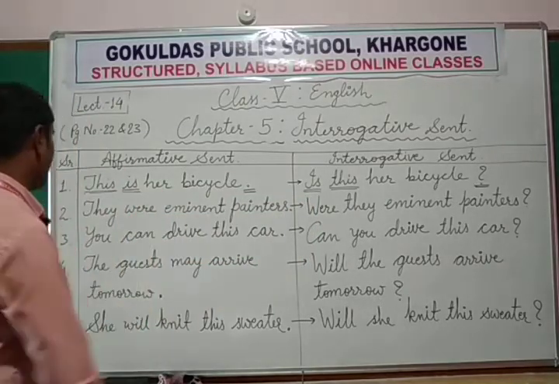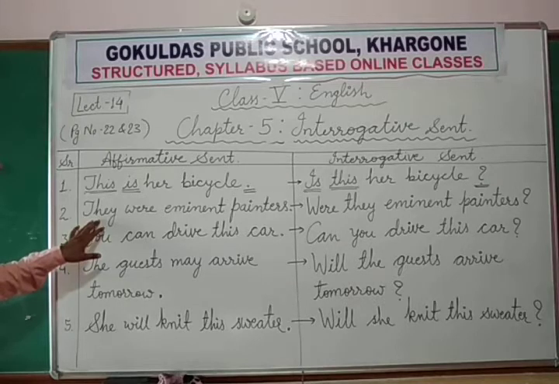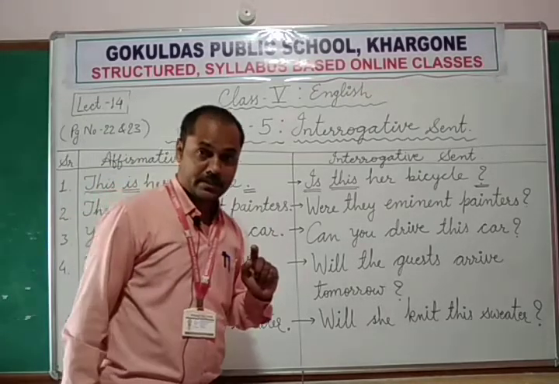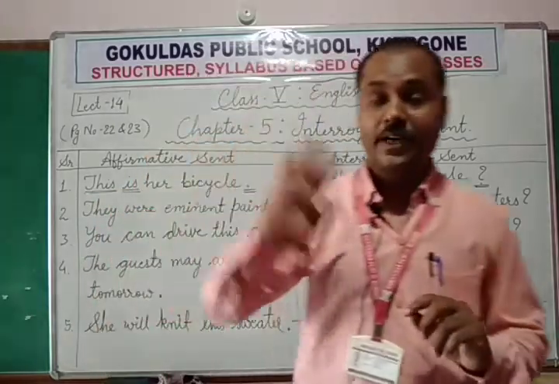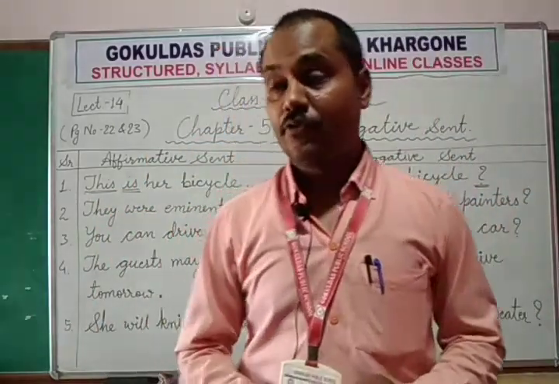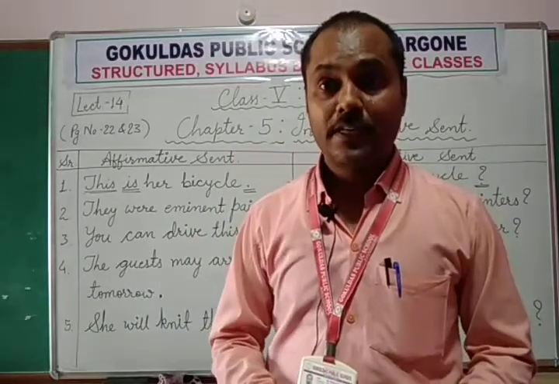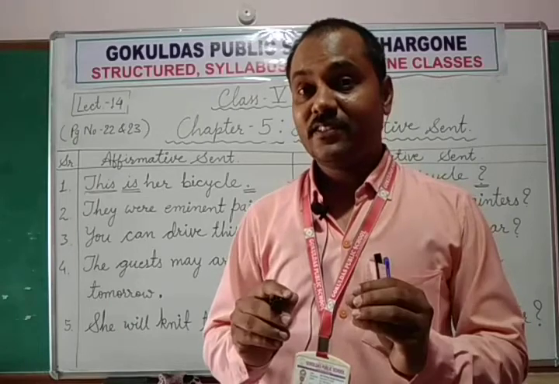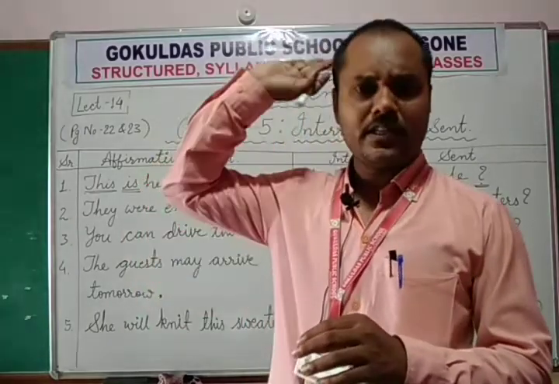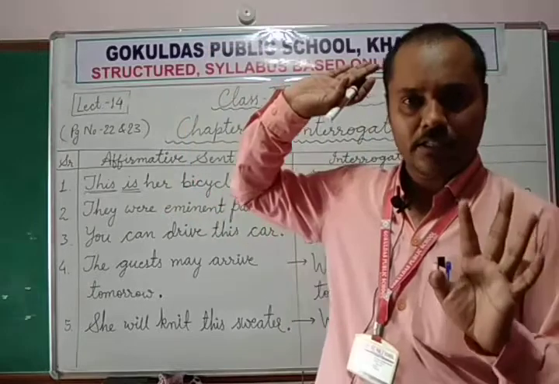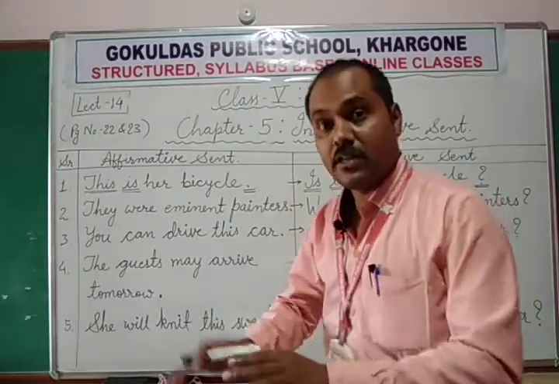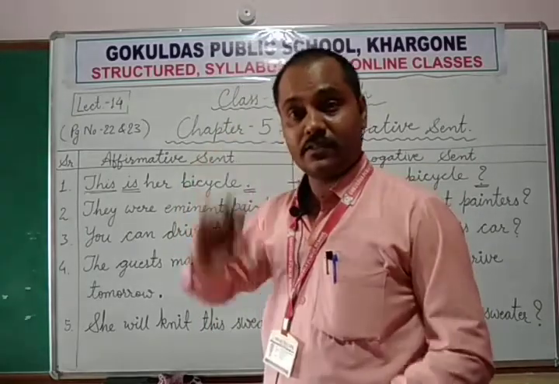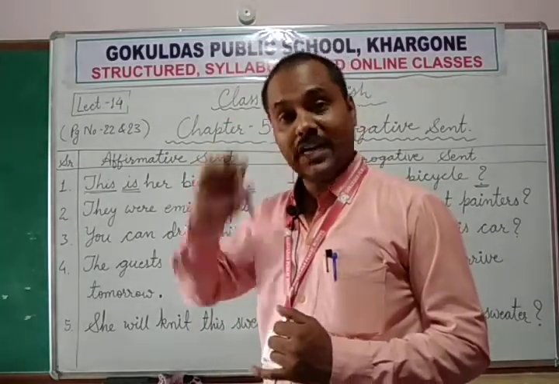Now proceed further. Second sentence. They were eminent painters. Who were eminent painters? If you read the history subject, history is a subject in which we learn about our past, 1,000 years ago, 5,000 years ago, what happened on earth. Just like Alexander was a story of ancient time.